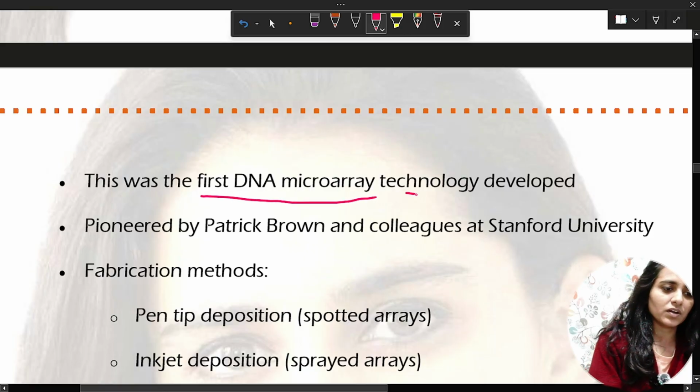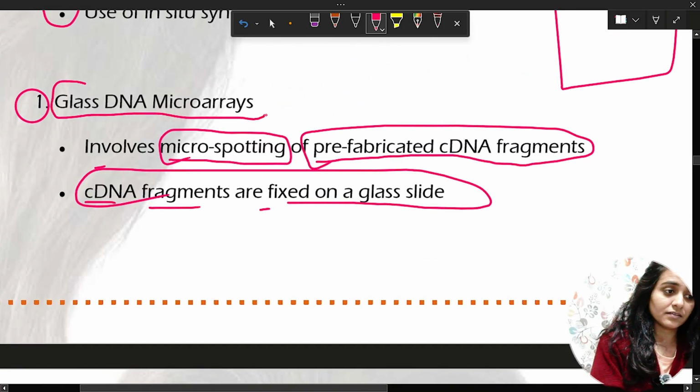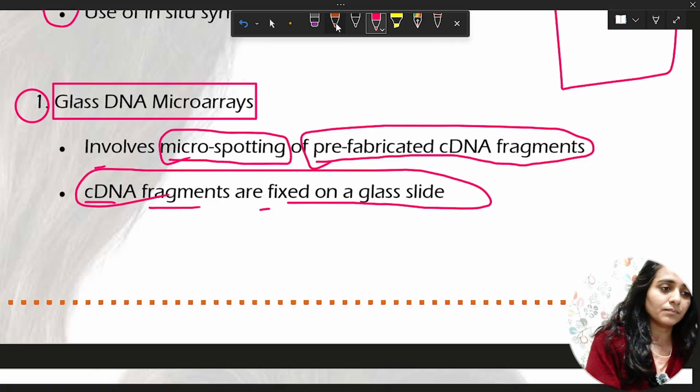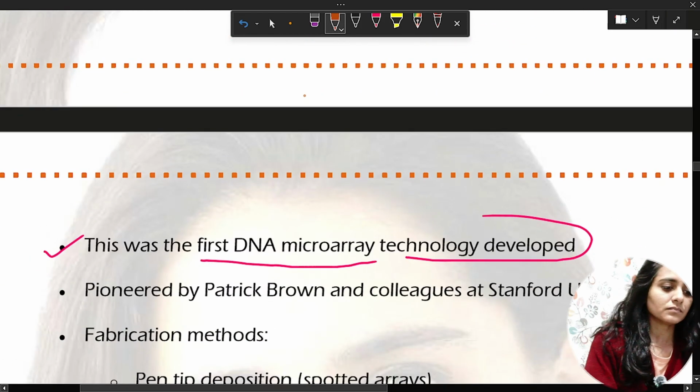This was the first DNA microarray technology developed. When we developed the microarray technique, this was the way we first used it.